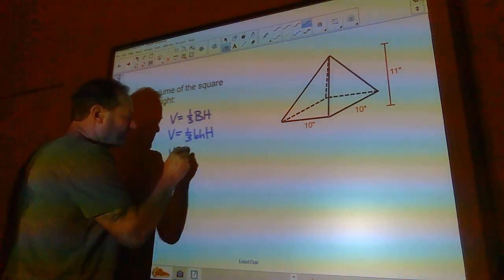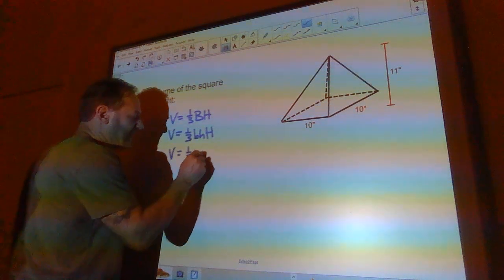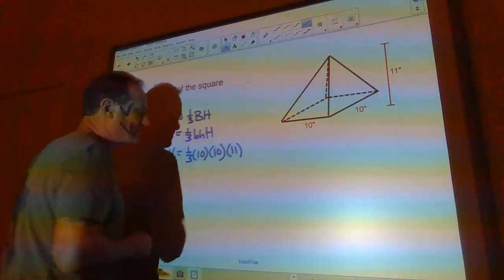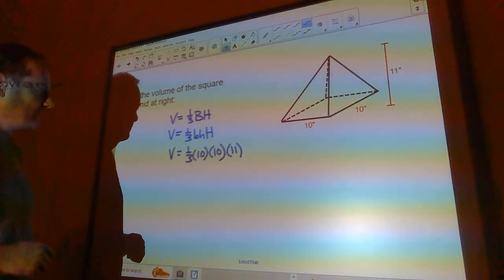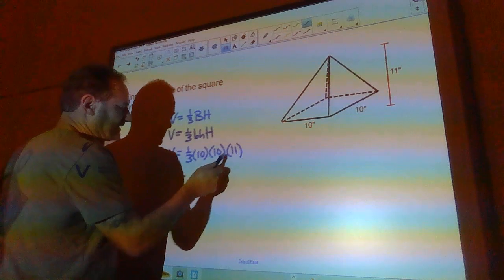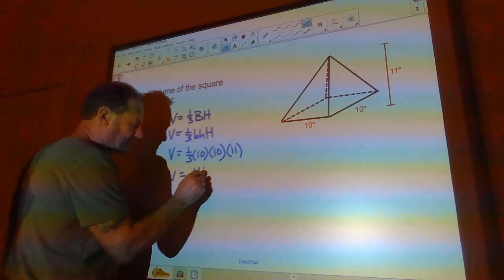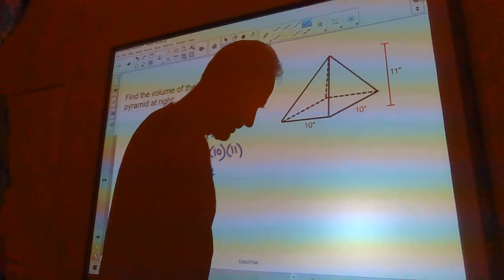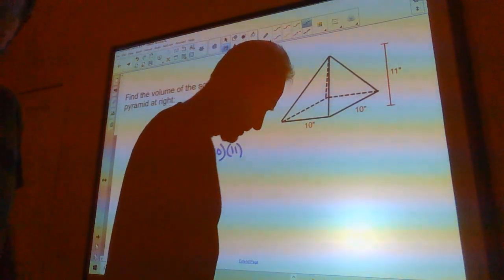So my volume then is going to be 1/3 of 10 times 10 times 11. Let's see, that's 100, that's 1100 divided by 3. That is not going to go in there evenly. I'd like to have a nicer number than that.